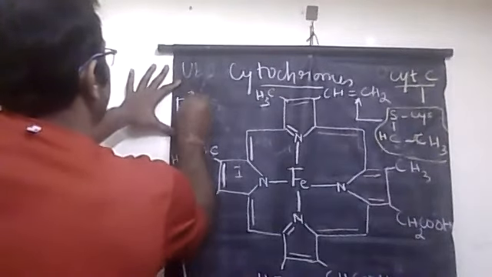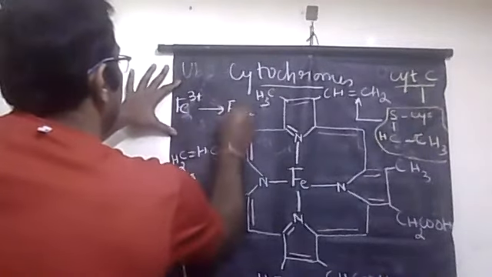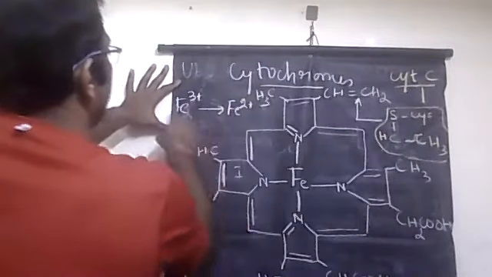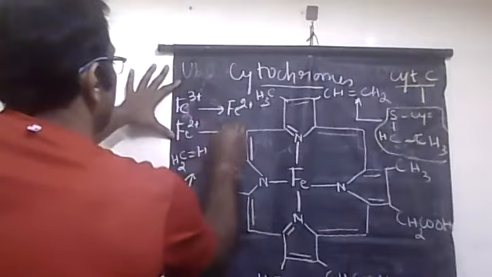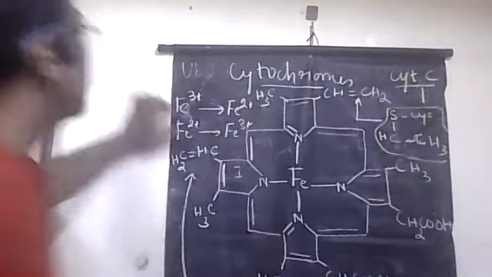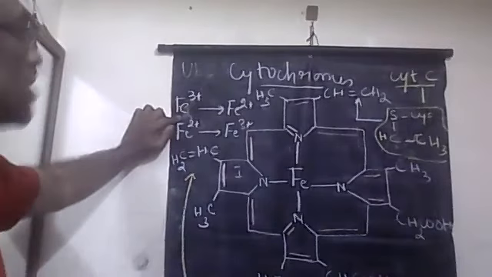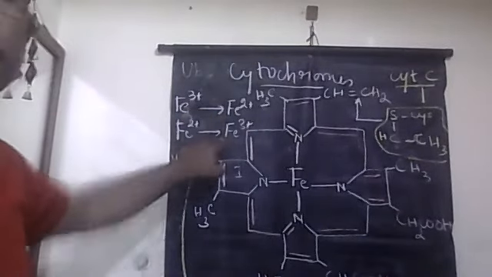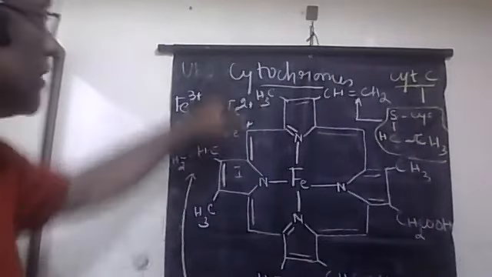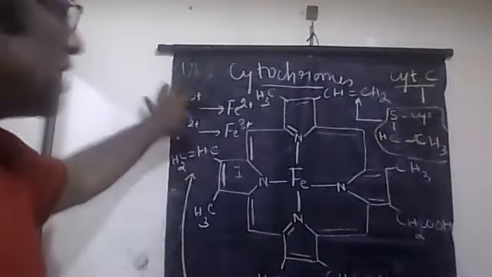Fe3 plus to Fe2 plus. Ferric to ferrous. And ferrous to ferric. This conversion, reduction, addition of electron, removal of electron. This you remember, no? This conversion is the basic principle of the structure.